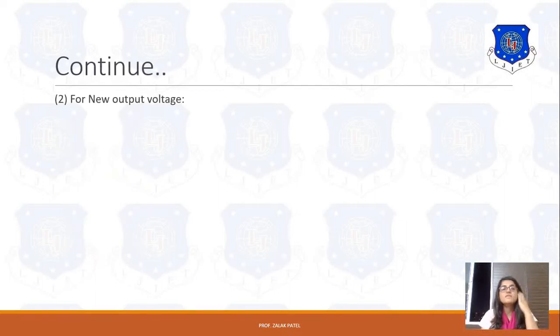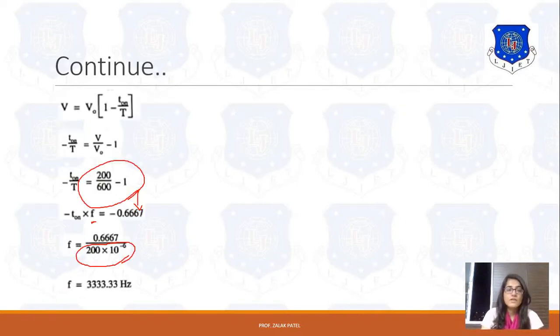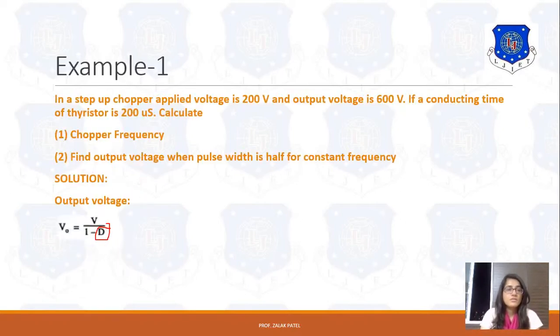In the second case, for the new output voltage, once again we take the equation. In this we want to find out the output voltage when pulse width is half for the constant frequency. Pulse width is half means we have to take the on time as half of the original.